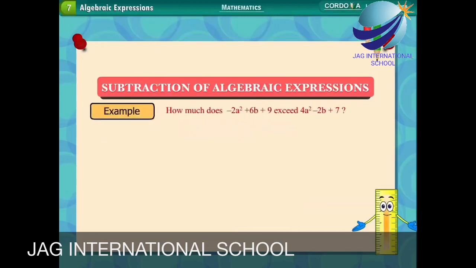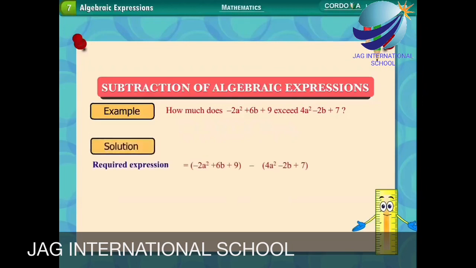Example: how much does minus 2a squared plus 6b plus 9 exceed 4a squared minus 2b plus 7?